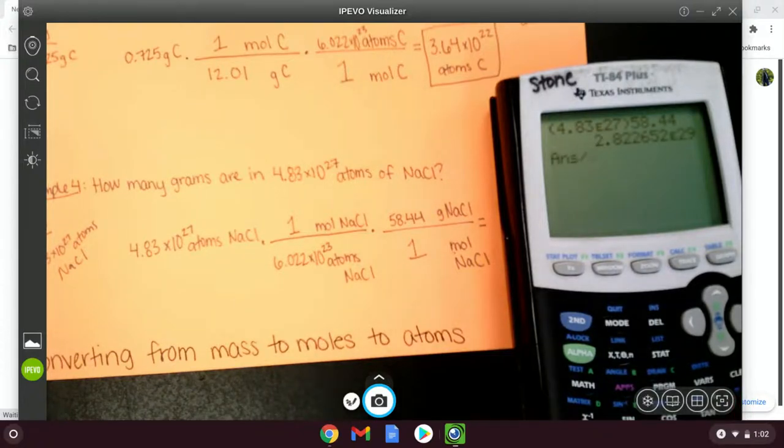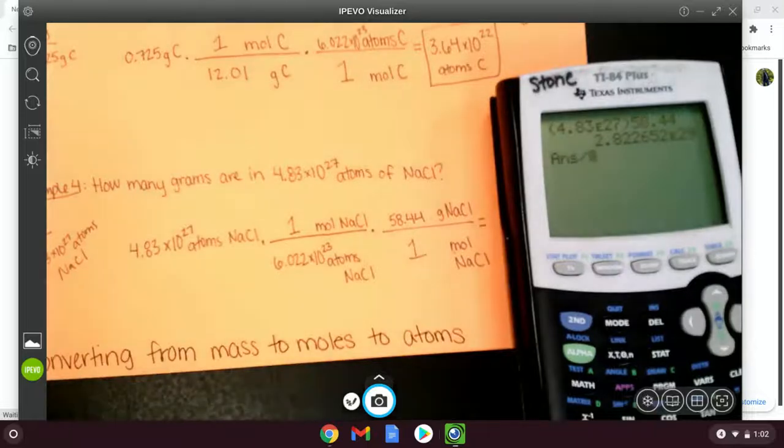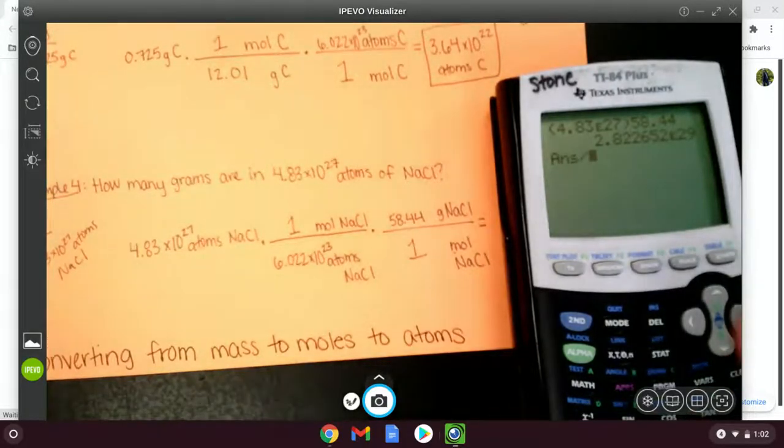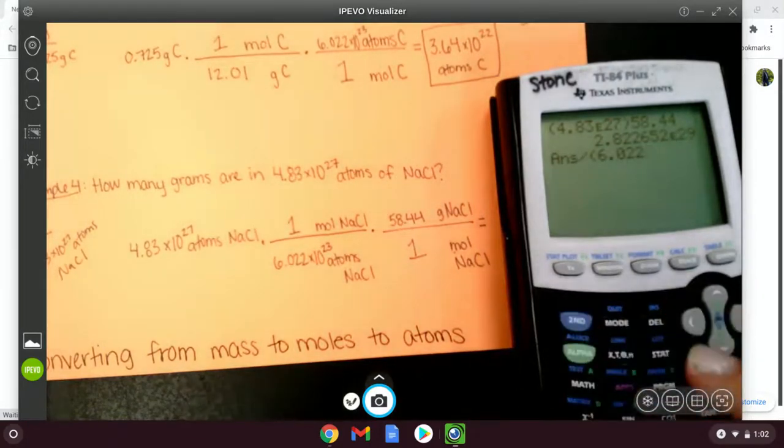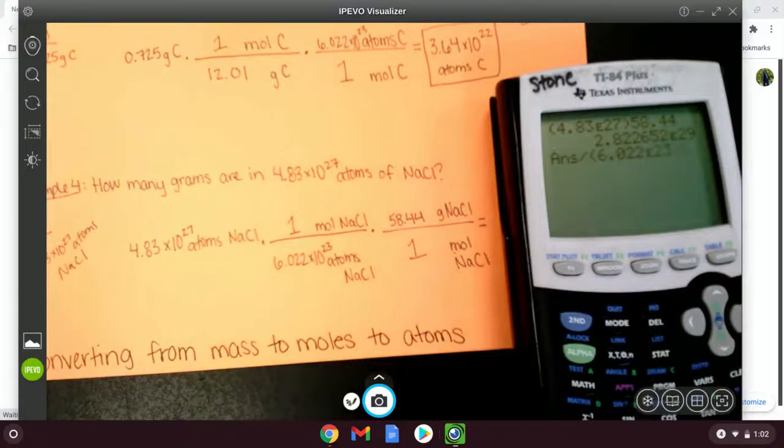You're going to divide, because anything times 1 is itself, so we save a step right there. You divide that by parentheses, 6.022 EE 23, close parentheses. And we get a really big number.